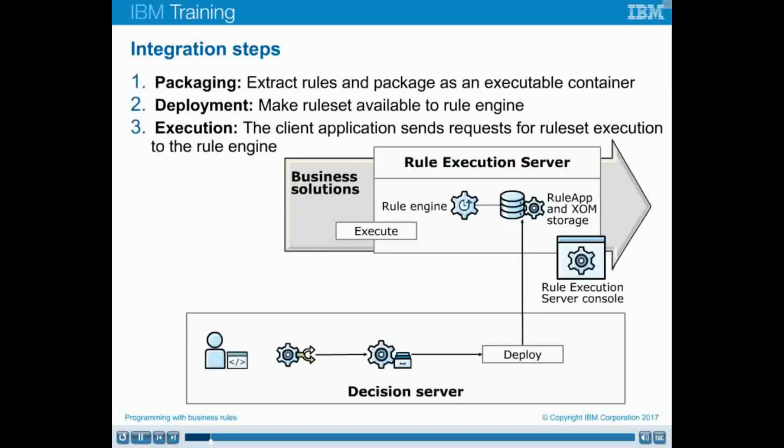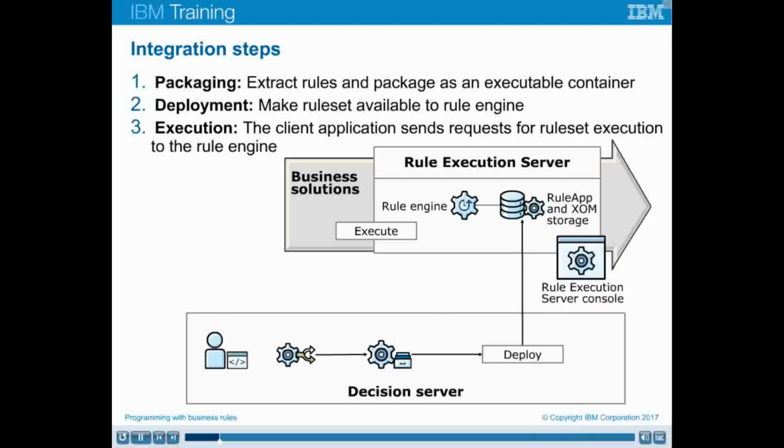So what are the integration steps? Well, basically they involve packaging, deployment, and execution. The rules and other artifacts that are authored in ODM tools need to be packaged into an executable container. The rules that you want to use in a decision service can be extracted from several rule projects and then packaged as a rule set archive.